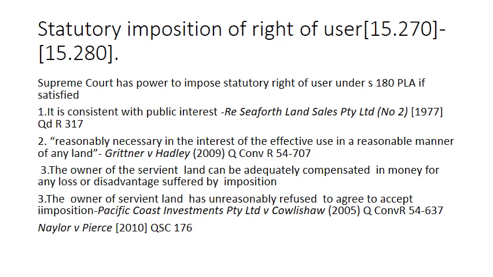Therefore, there was not sufficient evidence to justify the imposition of an easement, as it was not reasonably necessary for the effective use of the dominant tenement, as the parents of the children could park elsewhere in much more safety.